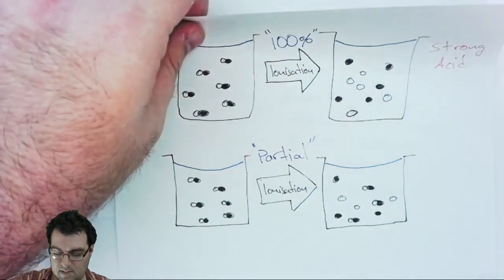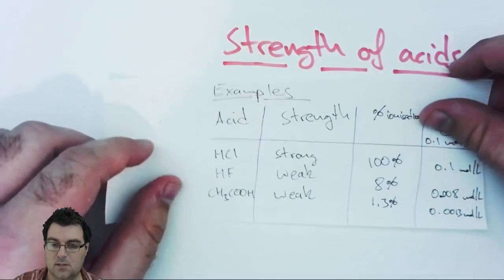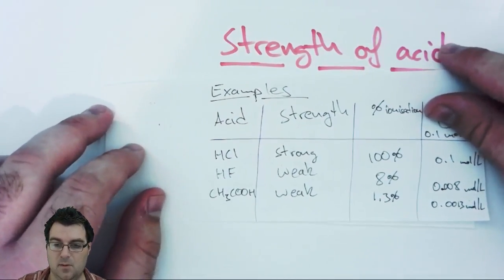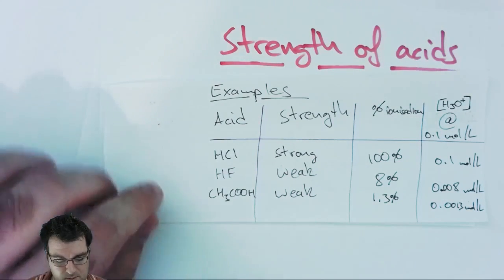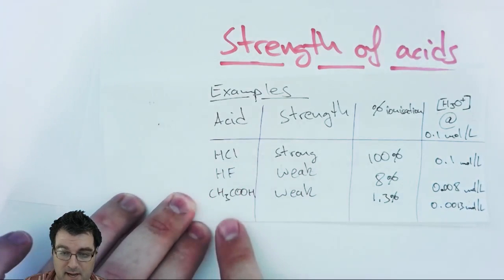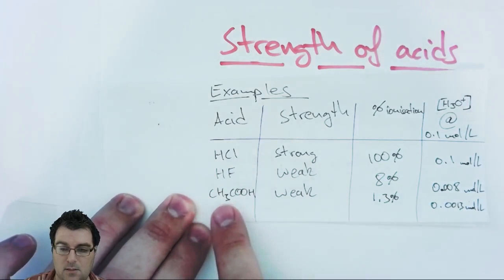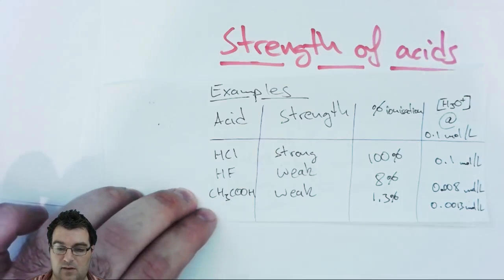Now, let's take a look at a couple of examples just to help us look at this situation in a little bit more detail. I've chosen 3 examples for us to examine: hydrochloric acid, hydrofluoric acid, and ethanoic acid, which is also known as acetic acid.